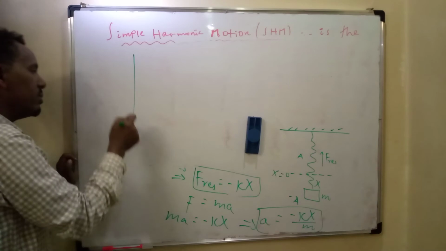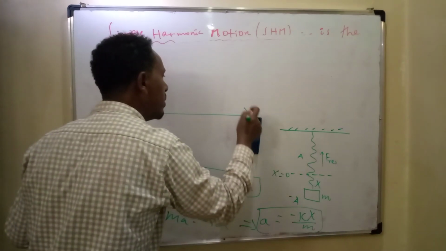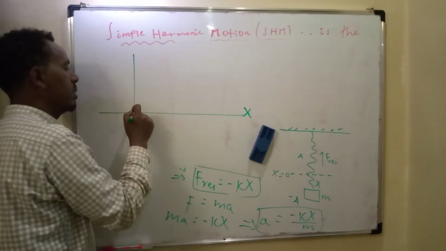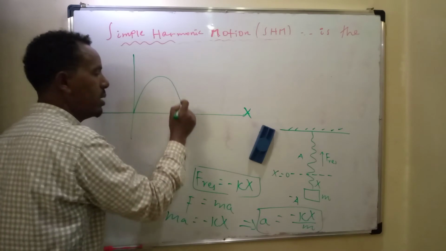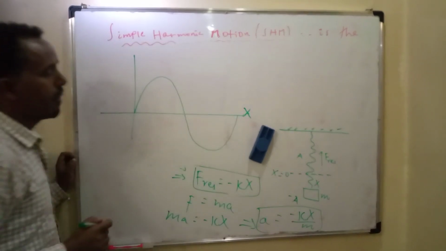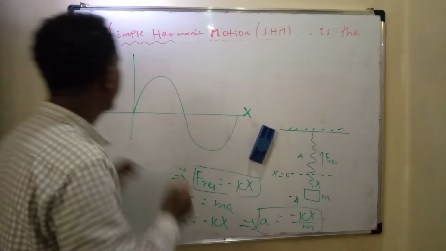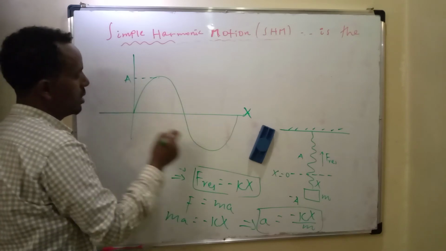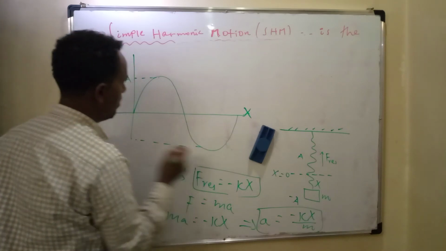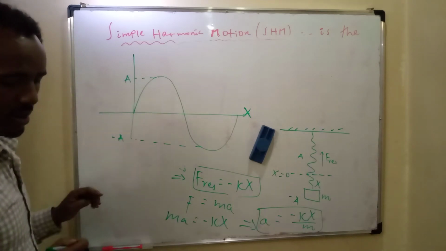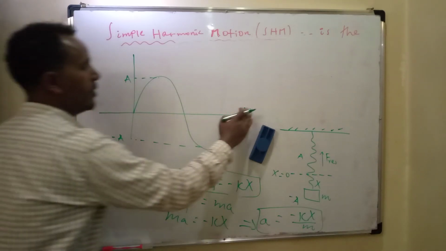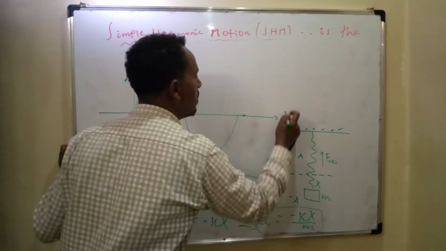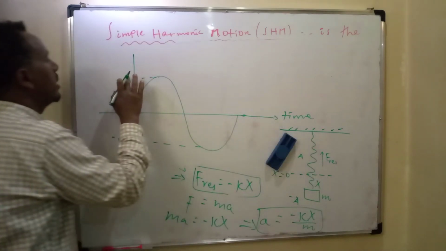If this is x, here it moves up, down, up. Moving up, maximum displacement, A, and here minus A. Okay, sorry, this is time, and this is x.